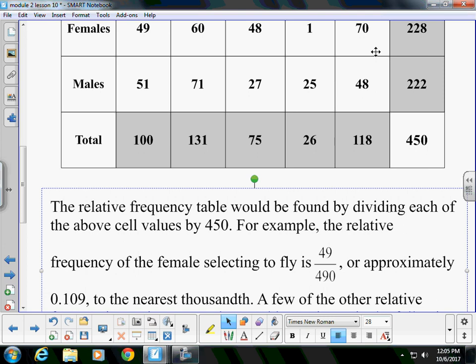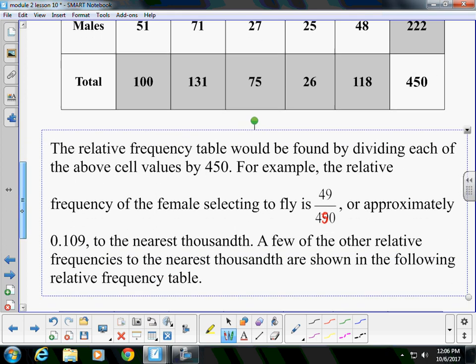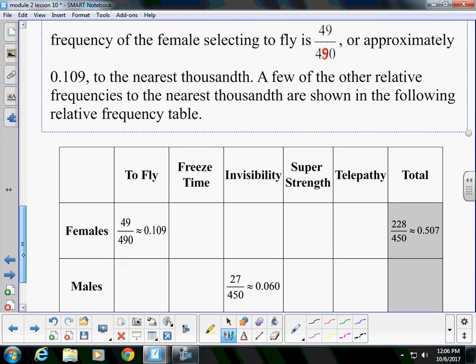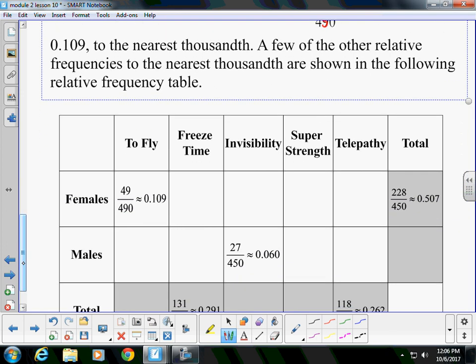For example, the relative frequency for the females selecting to fly is 49 divided by 450, or approximately 0.109 to the nearest thousandth. A few of the other relative frequencies to the nearest thousandth are shown in the frequency table below.